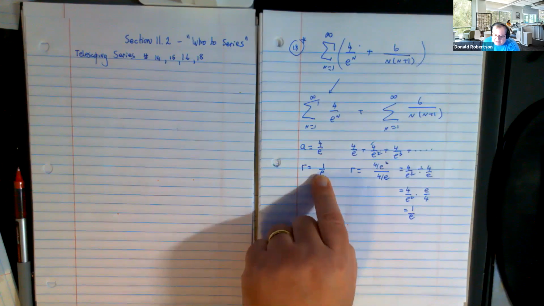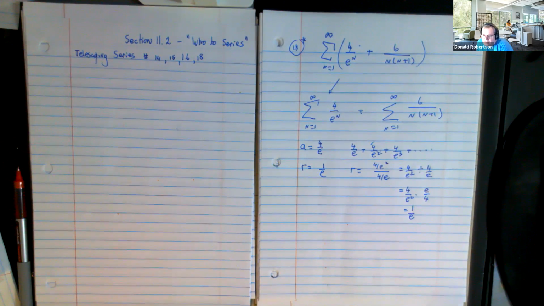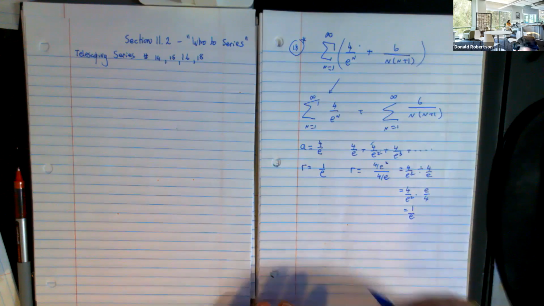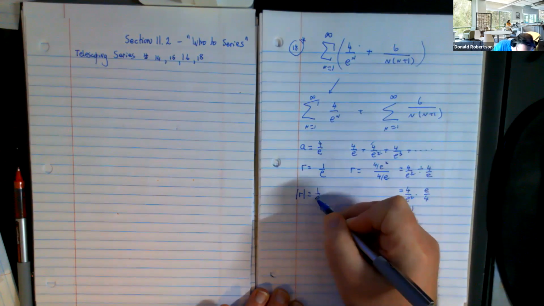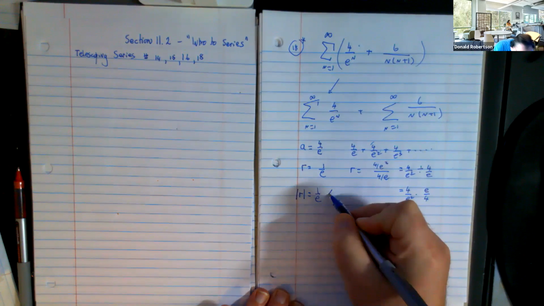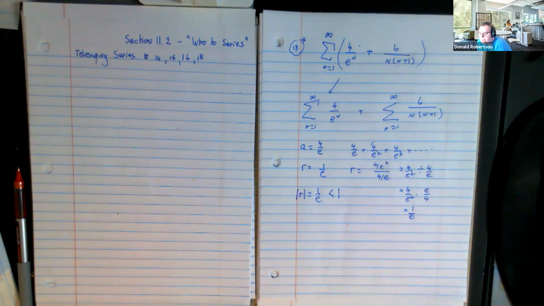Now, is 1 over e going to result in a convergent geometric series? Right, the absolute value of 1 over e is 1 over e. Is 1 over e less than 1, I guess, is what I'm asking. Yeah, isn't e about 2.7 roughly?